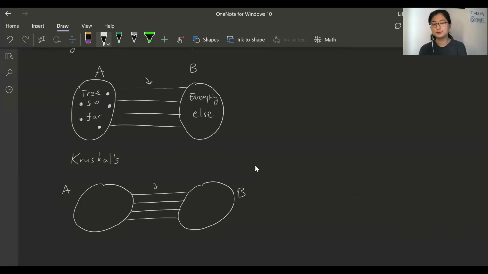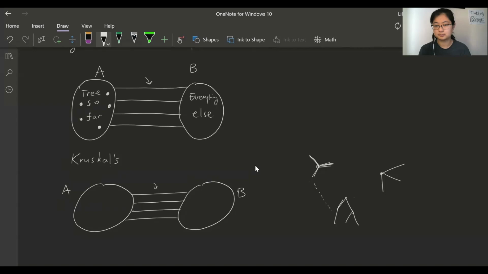Okay, so at some step of Kruskal's, we already have some components of different trees lying around. Maybe I have something like this and something like this. So these are the connected components of our current tree so far. And by adding in a new edge without making a cycle, we're essentially connecting one of these components to a different component.